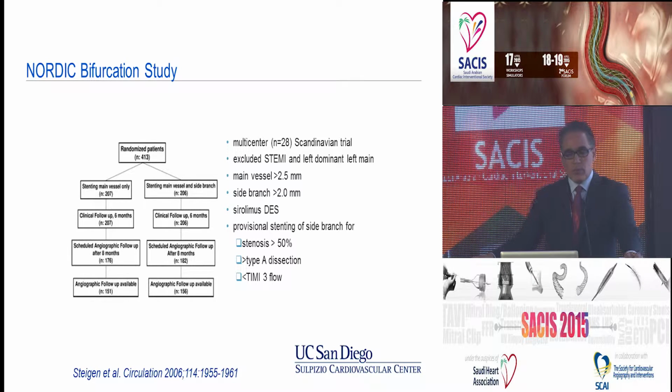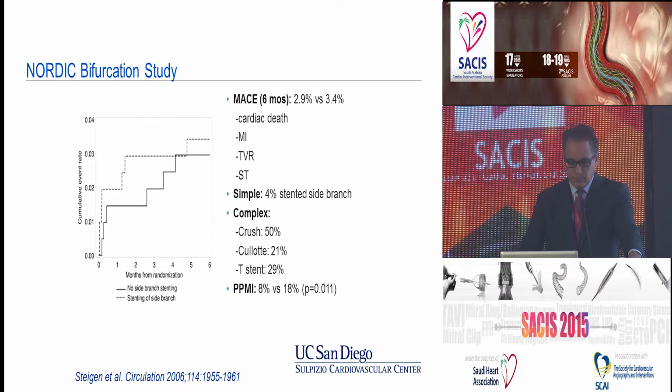And there was provisional side branch stenting for the same three criteria that I talked about: impaired flow, residual stenosis greater than 50%, or a type B dissection or greater. But the data were surprising in that at 6-month follow-up, the MACE rates were comparable: 2.9% with a single stent and 3.4% with a two-stent strategy.